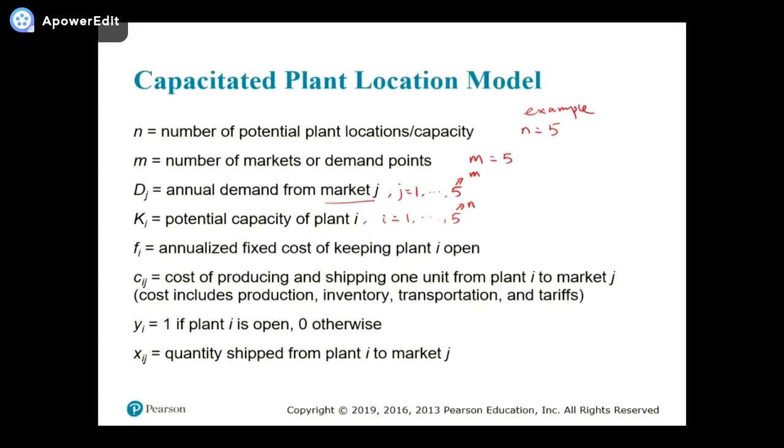And then our Cij, so remember i is a plant and j is a market. Cij is the cost of producing and shipping 1 unit of product from plant i to market j. We assume that includes all the costs involved in production, inventory, transportation, and any taxes or tariffs.